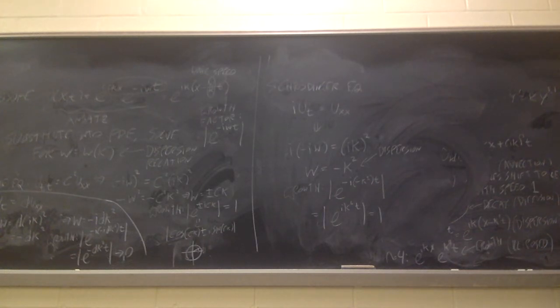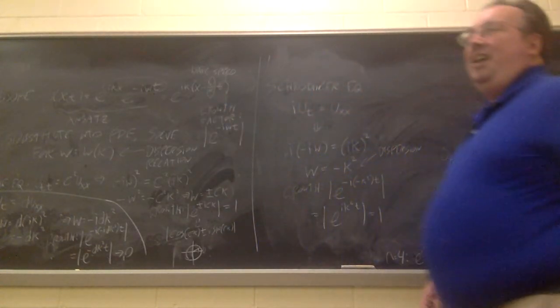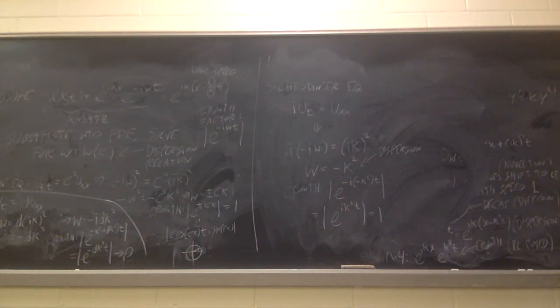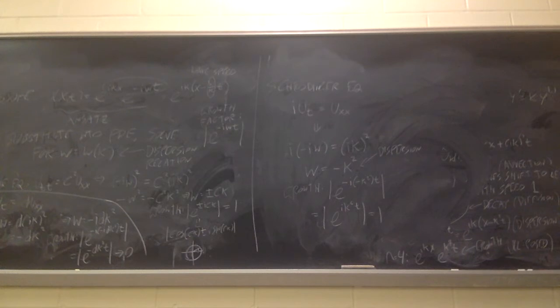If the dispersion relation is not a multiple of k. So in other words, w over k is not a constant. So when w is not a multiple of k, that's when the wave speed depends on k. So chances are that's when we have dispersion, like we have in this case. Okay.